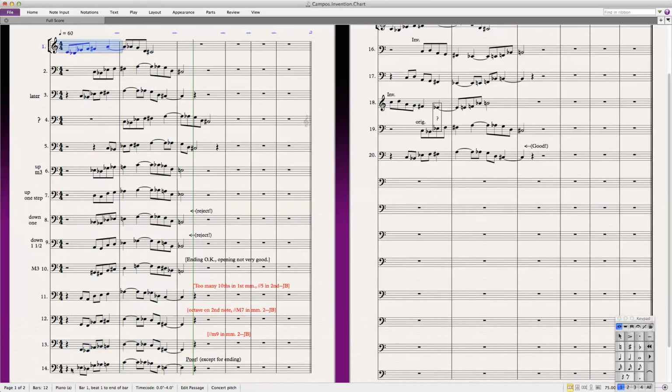And the bottom one on this line, we're going to listen to line 1 and line 14. Curtis says poor, except for ending. So we can look forward to bad beginning, good ending. Oh, that's really, really awful.